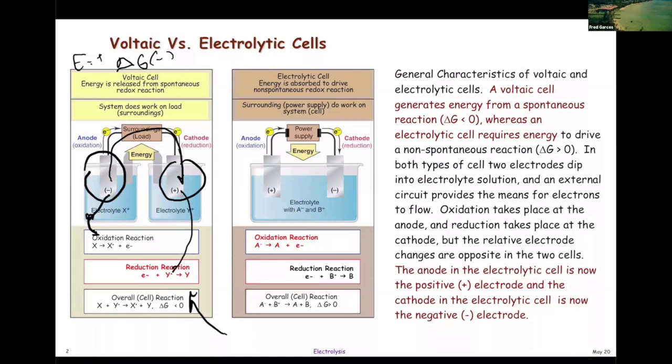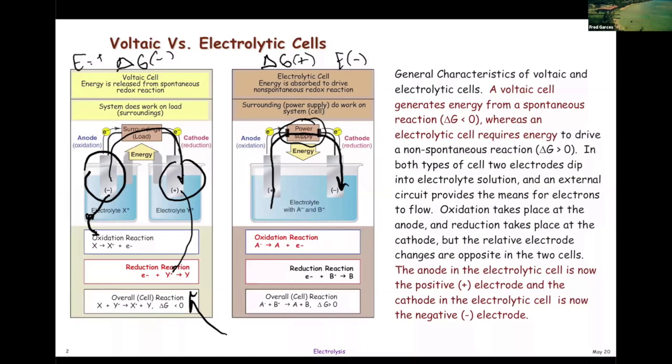In an electrolytic cell, the main difference is that delta G is positive, and the electrochemical potential is negative. So therefore you need a power supply, an electron pump, to take the electrons from the anode and push them into the cathode.